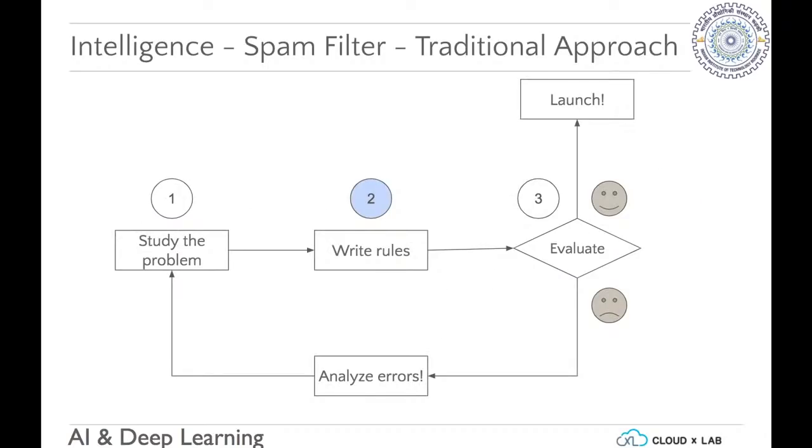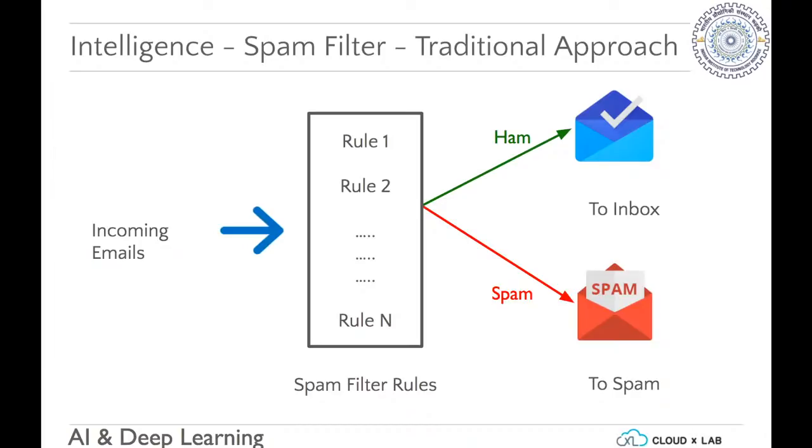Now, the engineers would write the rules and they feed it, right? This is how it will look like. You have lots of rules, incoming mails are there, and then you are putting it into one box or another. Those who are familiar with this approach can recollect that there used to be this rule engine, business intelligence, business rule management systems.